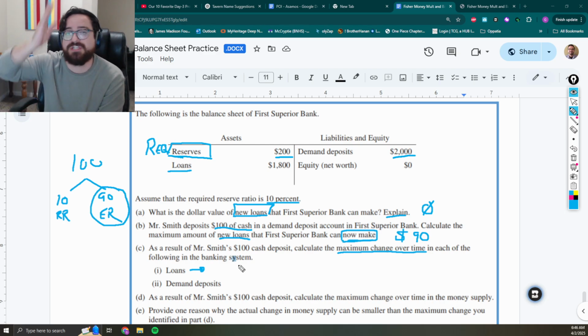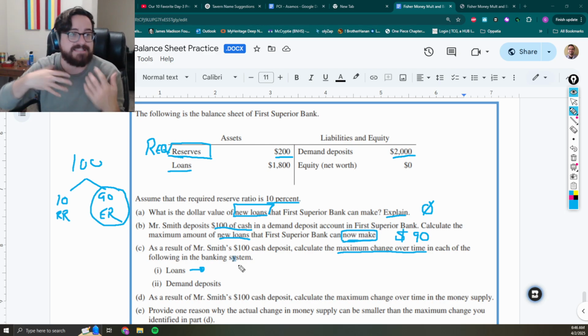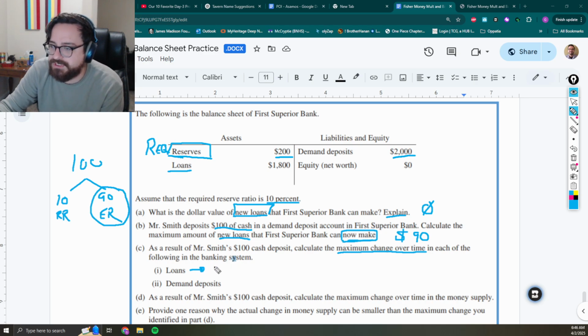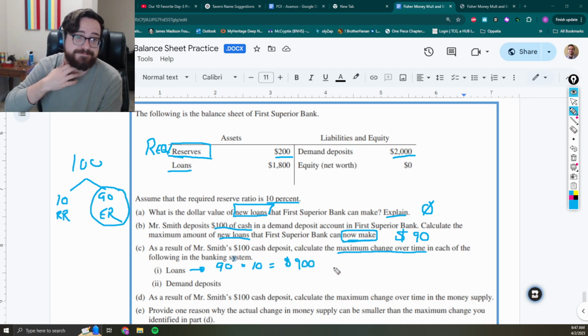So maximum change in loans and money supply is actually the same thing. I would just do the 90 as my excess reserves times my multiplier, which is 1 over 0.1, so 10, gives me $900 as the max change over time of loans.